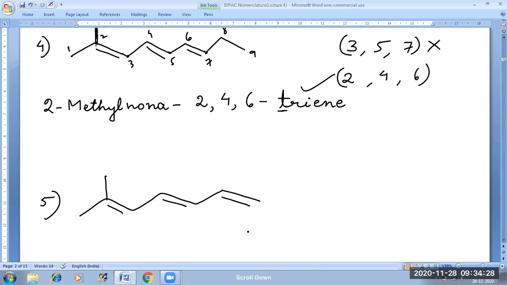Fifth one. 1, 2, 3, 4, 5, 6, 7. In this case, the set of locants will be 2, 4, and 6.